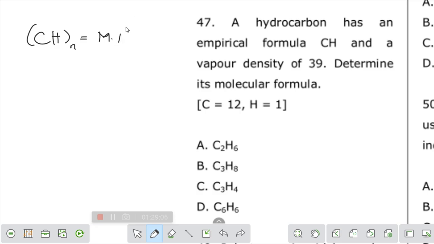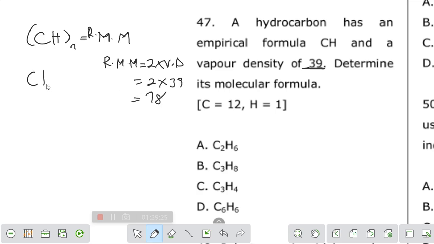Or you can just say it equals your molecular mass. Now what is your molecular mass? Your relative molecular mass is equal to 2 times vapor density. Now they say your vapor density is 39, so it will be 2 times 39. That will be 78, Abby. So it means your (CH)n will be equal to 78.